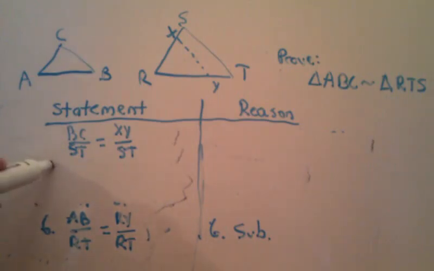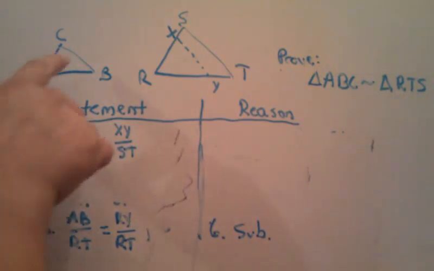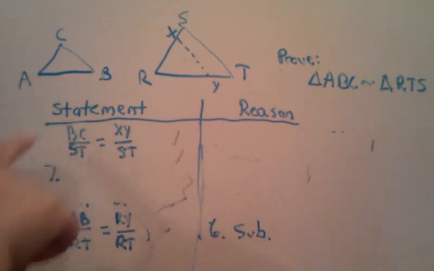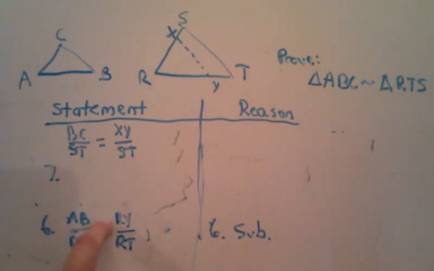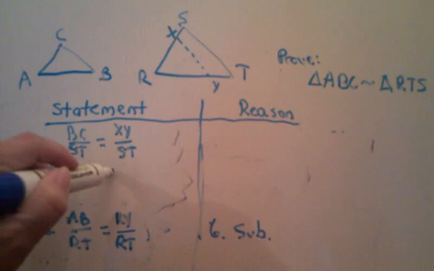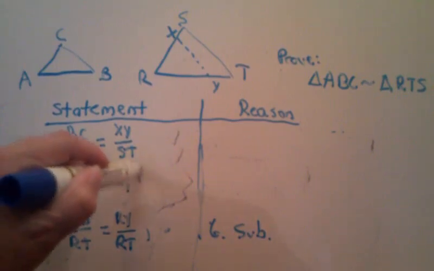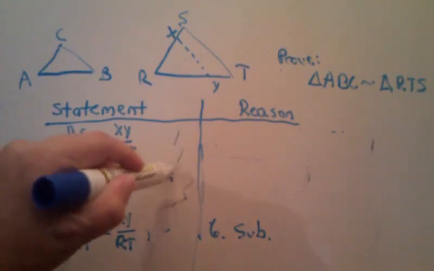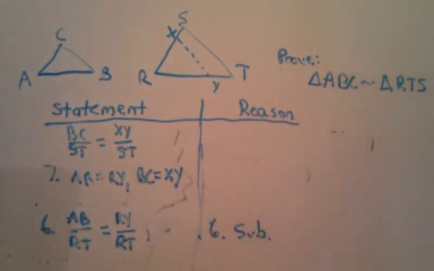Okay, number 7 says, well, let's look. If these are similar, that means look at the top one. That means that AB equals RY, and it means that BC equals XY, right? We proved that in the last step. We're just going to rewrite it. AB equals RY, and BC equals XY. Okay?